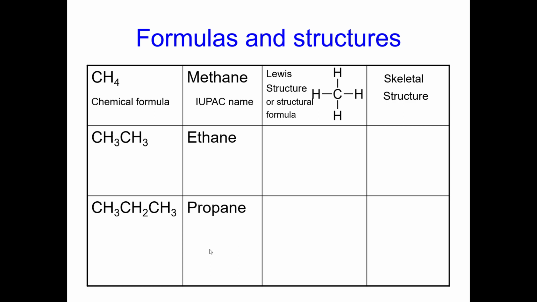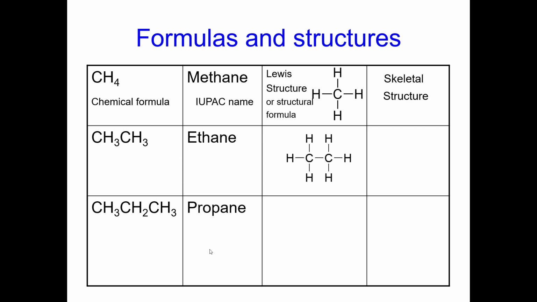So for methane again, we are drawing our carbon in the center. We are showing that we have 4 single bonds, and at the end of each of those bonds we have a hydrogen. We cannot draw a skeletal structure for methane. Skeletal structures are line structures, and at each end of a line there's a carbon. So if methane only has 1 carbon, we can't draw that. Just be aware of that one.